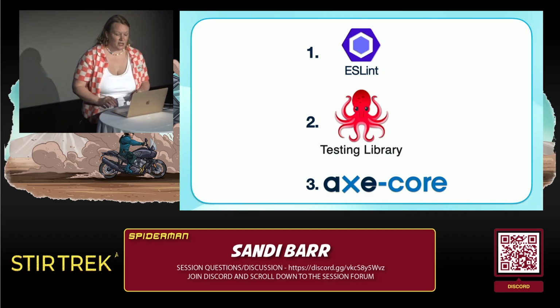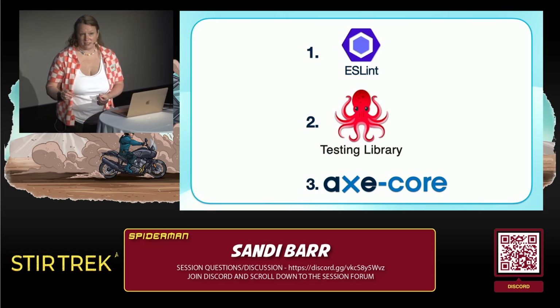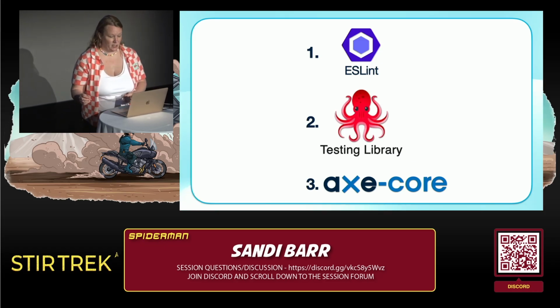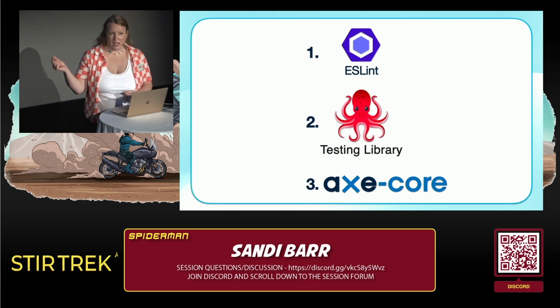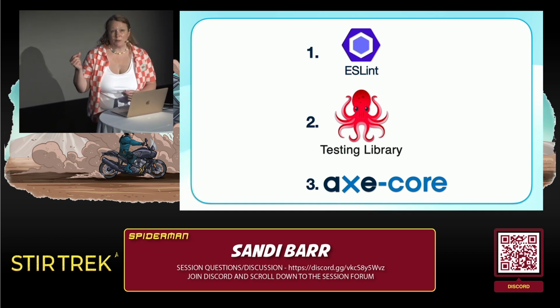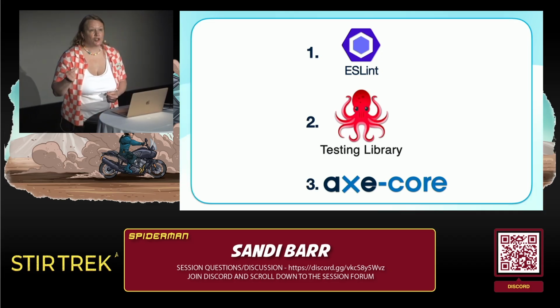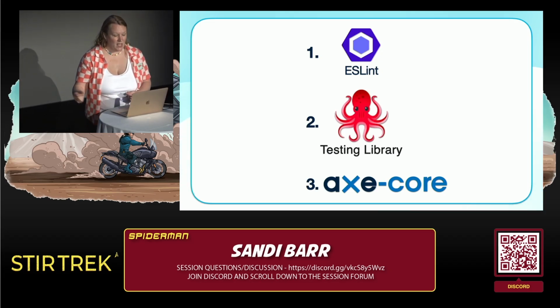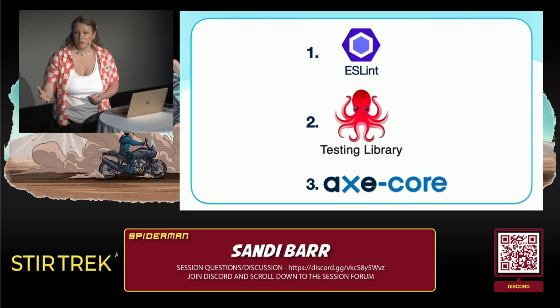Today, I'm demonstrating these free and open source tools to assist with accessibility testing and ensure conformance with WCAG standards and success criteria. First, we're going to take a look at ESLint plugins that validate accessibility standards are met by performing static code analysis directly on the template code. Then I'll show how user-focused testing with Testing Library ensures accessibility with your unit tests.